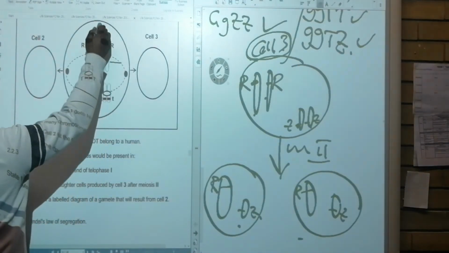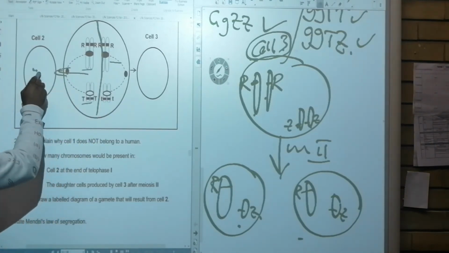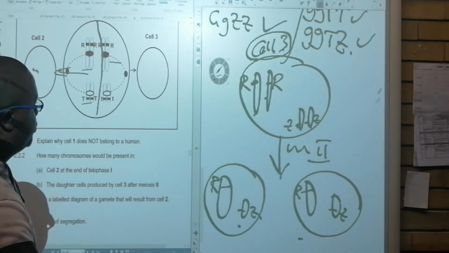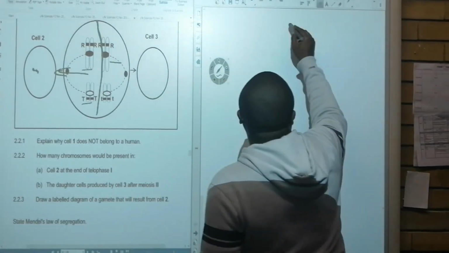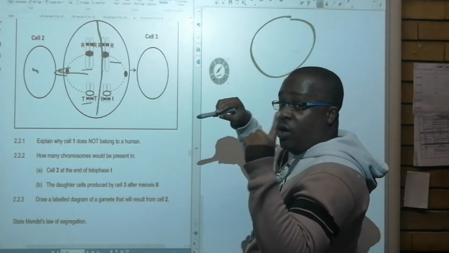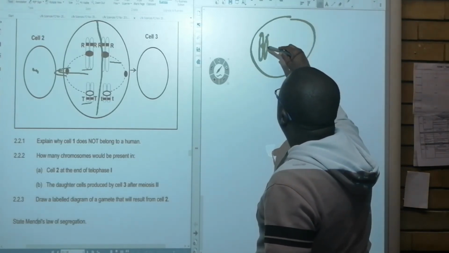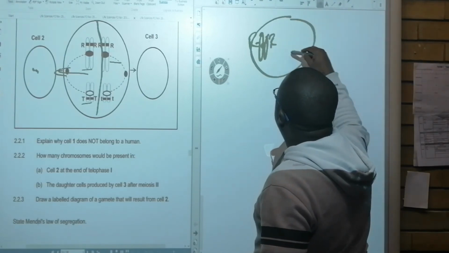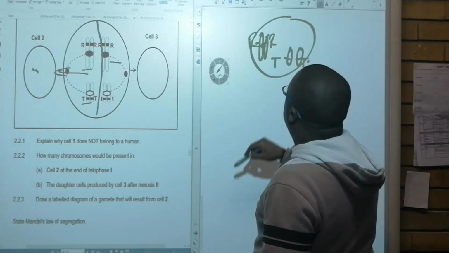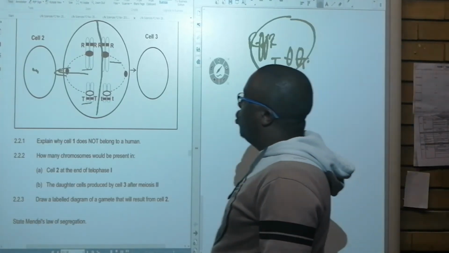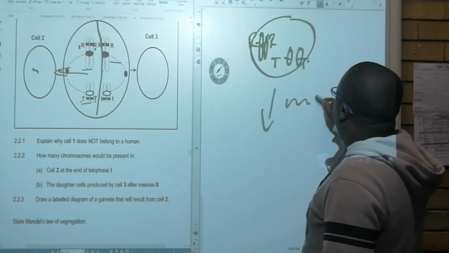In cell 2, at the end of meiosis 1, you're going to have this one and this one in here. Are we together? I'm just doing a sketch here. That's what we're going to end up with, all the dominant alleles.